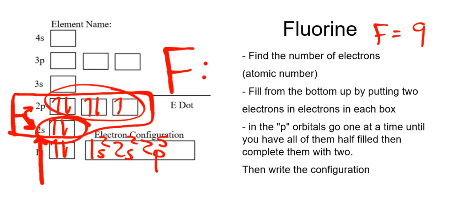The next 5 would go 1 here, 1 here, and 1 here. Because remember, when we drew these, I'll draw them again up here, we went 1, 2, 3 separate, and then we went 4, 5. And that would be the electron dots for fluorine. It would have 1 missing.